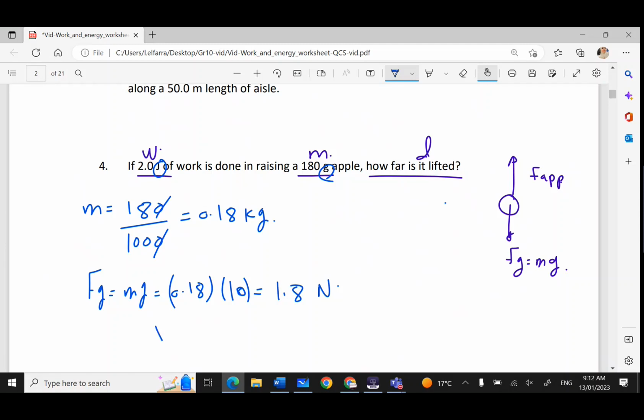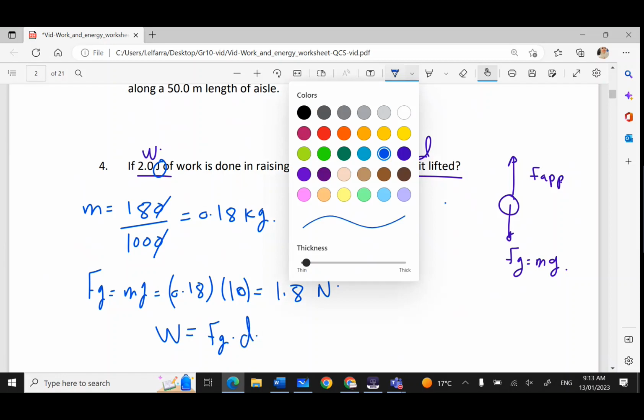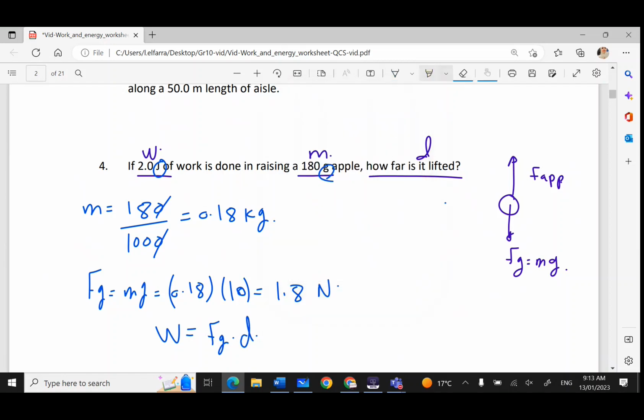I need W, so W will be Fg times the distance D, or the applied force, because this is the work done in raising. Raising is the applied force. We said applied force and gravity, they're equal. They're in the same direction, so it's positive.